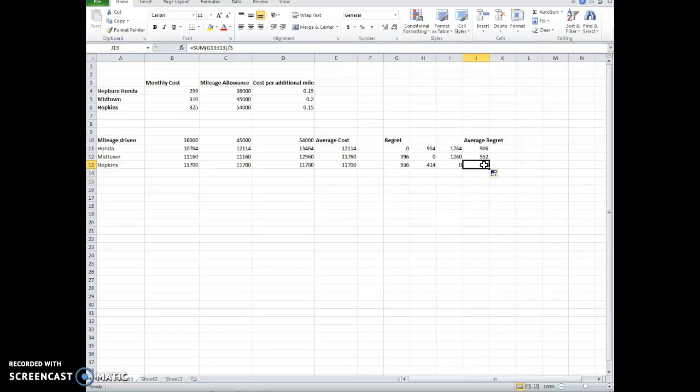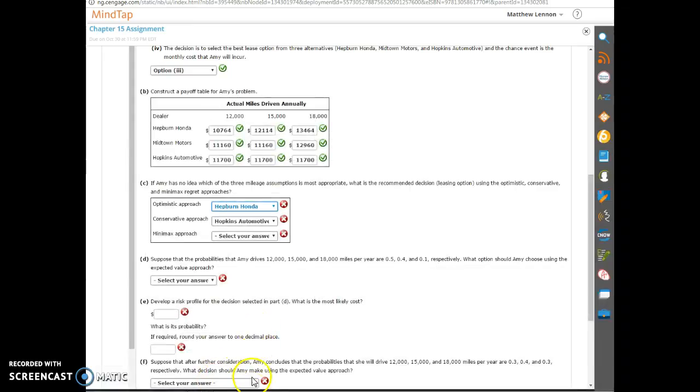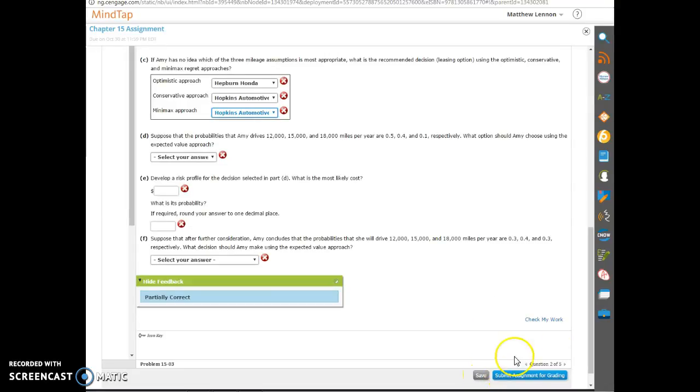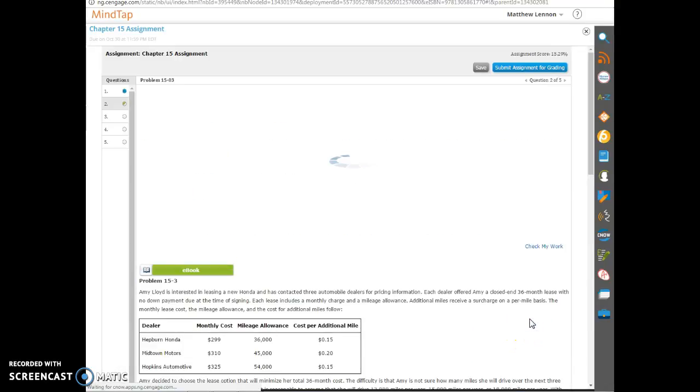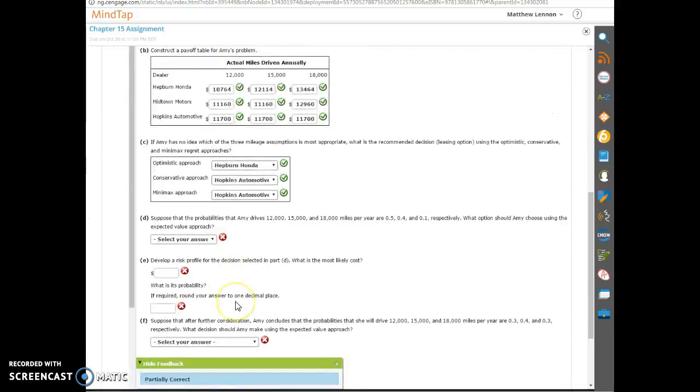I believe that's how this one, for some reason I'm thinking maybe this is incorrect. Let's see, let's double check it. Okay, so let's go ahead and put Hopkins in here and see what happens. Somehow I think one of these isn't quite correct, but let's go ahead and check it. Oh no, we got them all right. So the average regret method was correct.